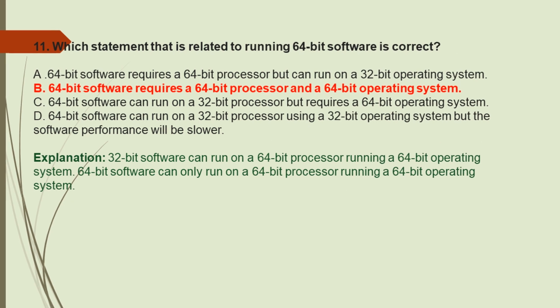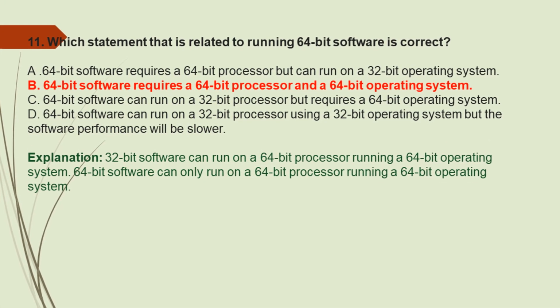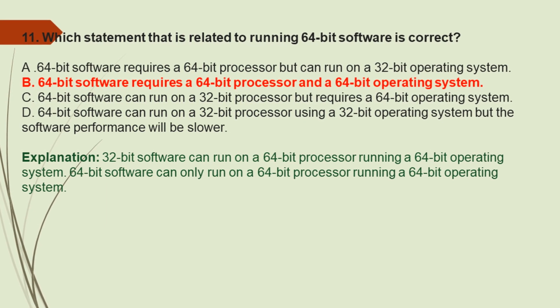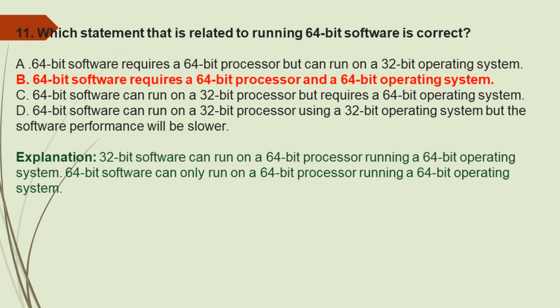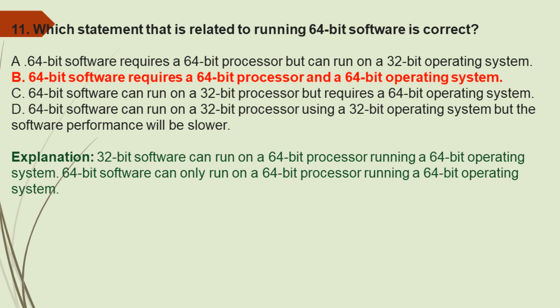Q11. Which statement that is related to running 64-bit software is correct? A. 64-bit software requires a 64-bit processor but can run on a 32-bit operating system. B. 64-bit software requires a 64-bit processor and a 64-bit operating system. C. 64-bit software can run on a 32-bit processor but requires a 64-bit operating system.